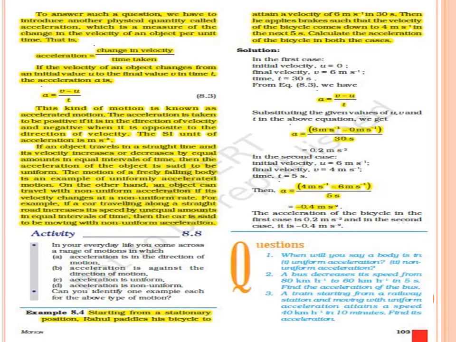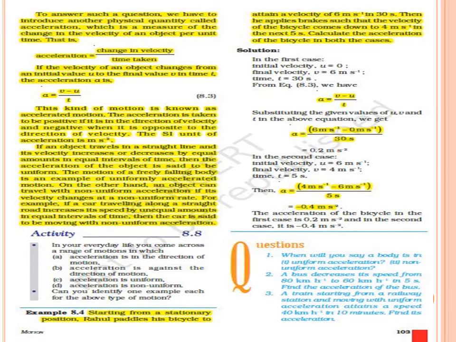So calculate the acceleration of the bicycle in both cases: the acceleration when the velocity increases from 0 to 6 meter per second in 30 seconds, and the acceleration when its velocity decreases from 6 meter per second to 4 meter per second in 5 seconds.